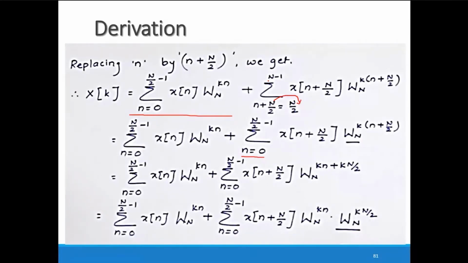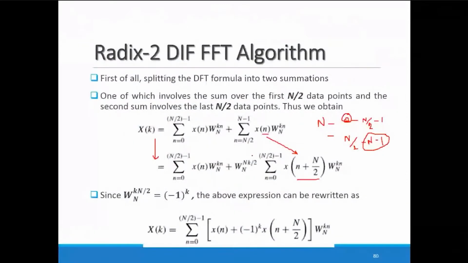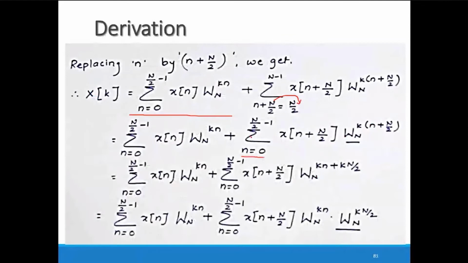And here, n is again replaced, our range is N by 2 minus 1. So when you apply this value, you are getting N by 2 minus 1. So again, we are getting the same range in both the summations.